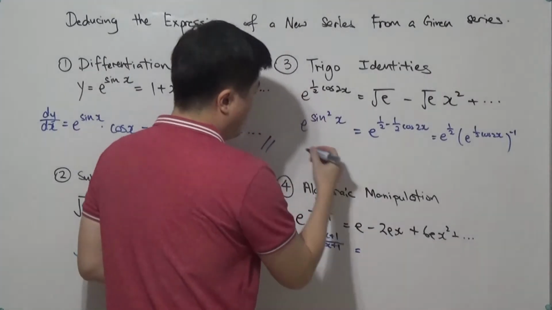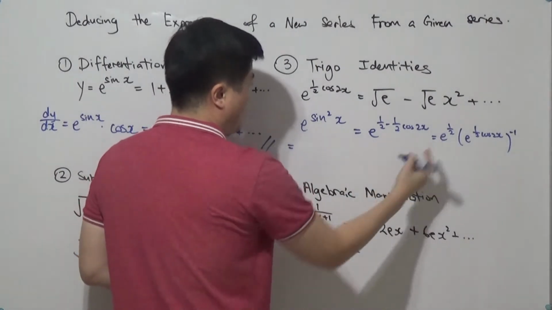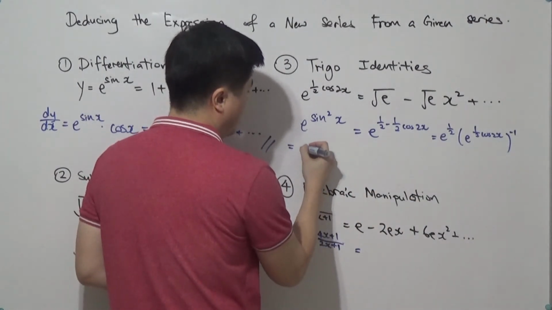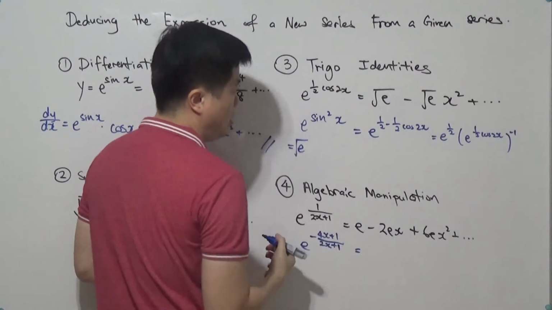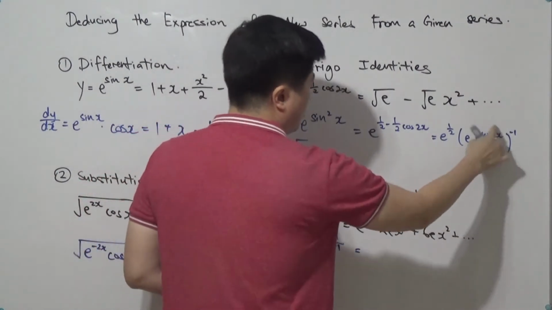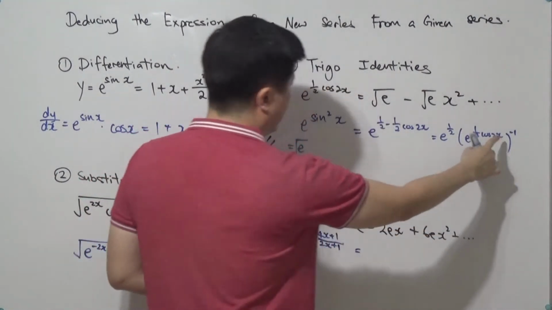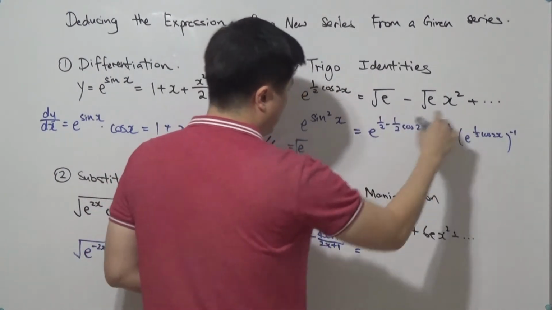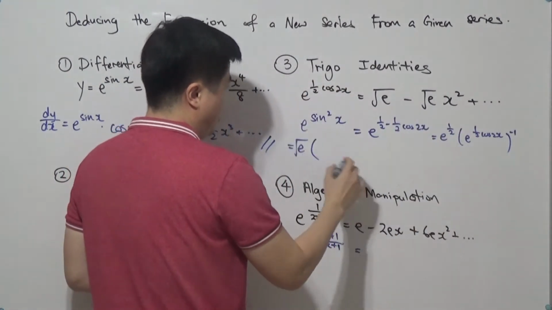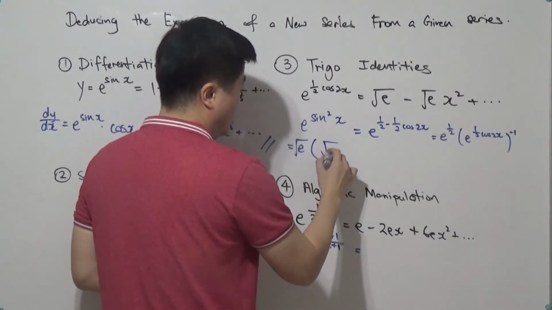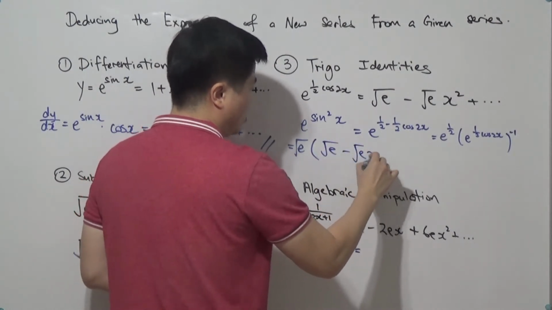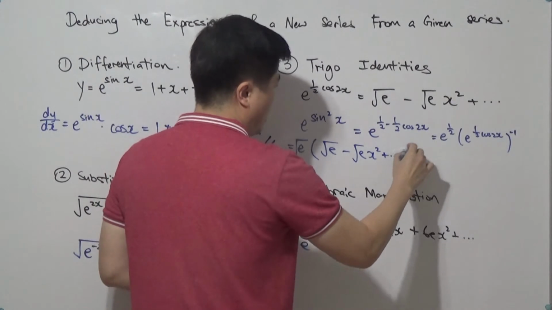So we're going to copy down the e to the power of half. I'm just going to write it as square root e. And then after that, we're going to replace e to the half cosine 2x with the expression that we have. So we will have square root e, minus square root e x squared plus dot dot dot, to the power minus 1.